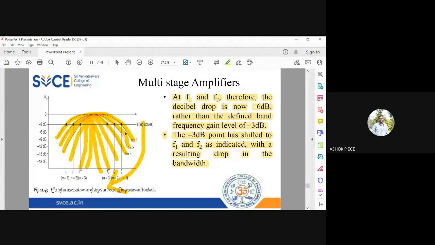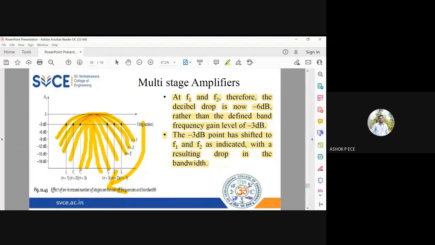You can see the slope becoming very steep and the curves becoming very close. At one point, instead of having f2 minus f1, you will have a single frequency where the gain is at its peak. In that case, the bandwidth is just equal to f0. So that is also possible.